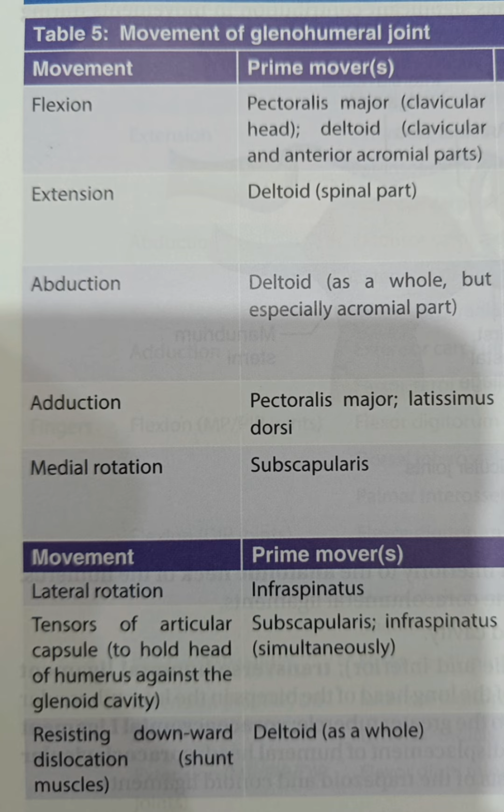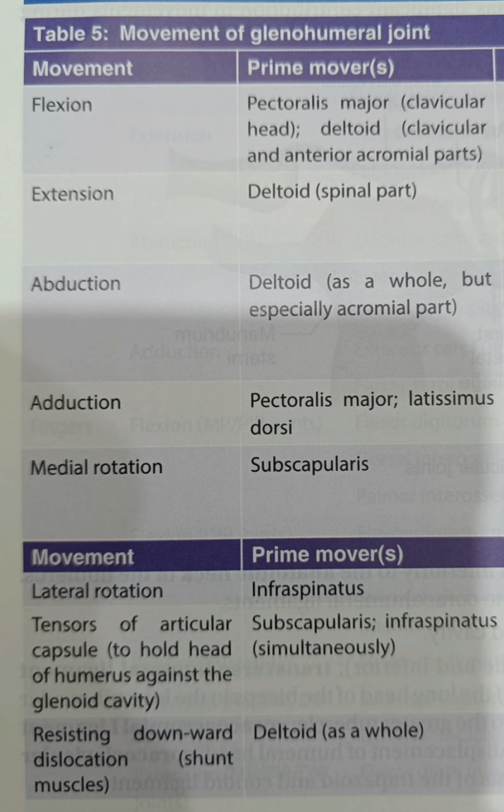Supraspinatus initiates the abduction and causes initial 15 degrees of abduction. Okay, supraspinatus 15 degrees. Deltoid 15 to 90. Deltoid is the main abductor from 15 degrees to 90 degrees of abduction. Humerus is laterally rotated by the infraspinatus and teres minor muscle.